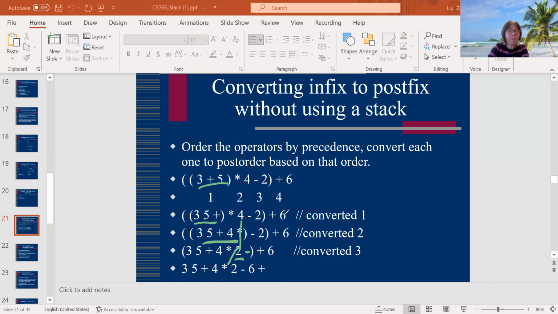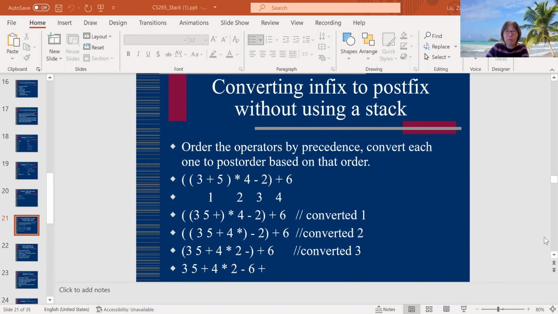After you finish this, you move on to the next number, because each time you have 2 numbers and then the operator after it. Now you can convert. But if you ask a machine to do this, that's going to be hard.